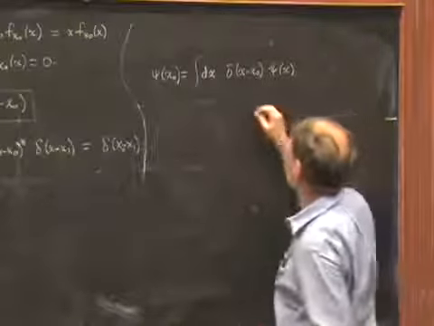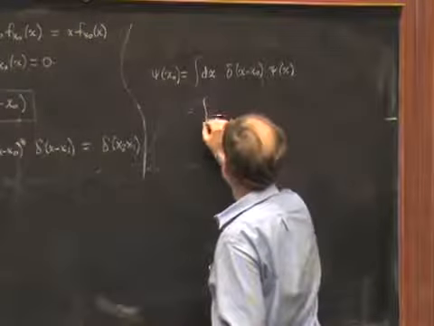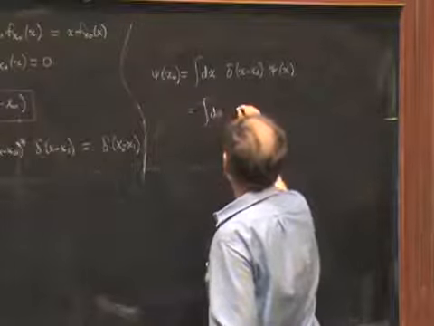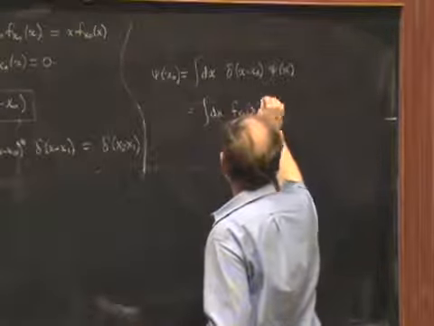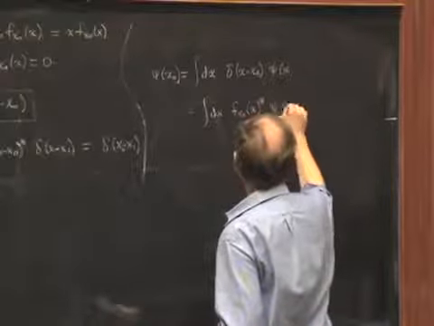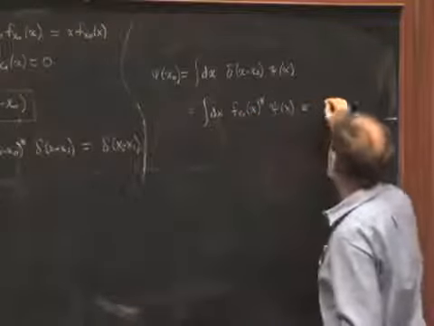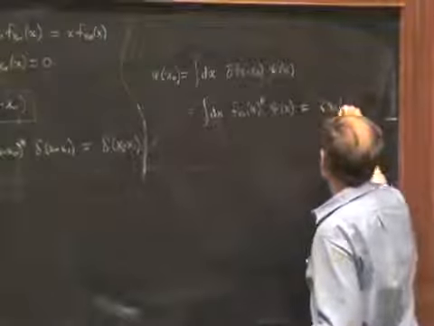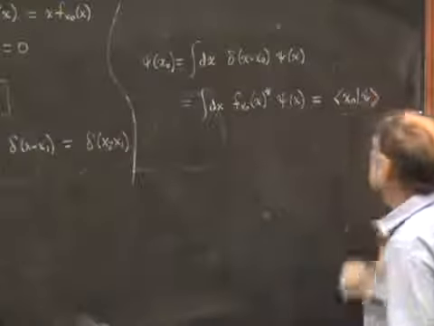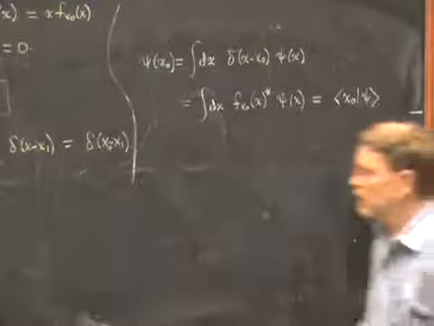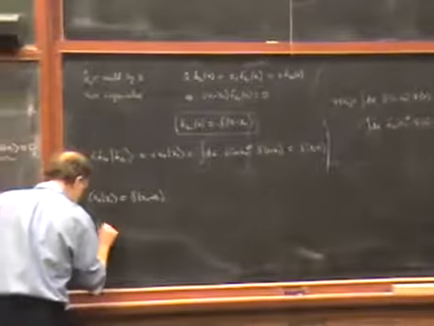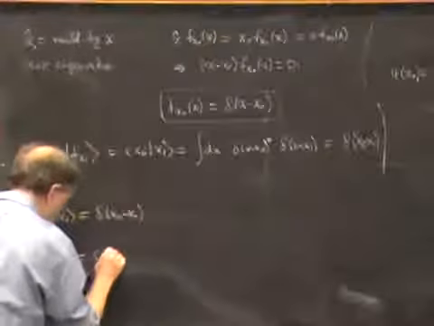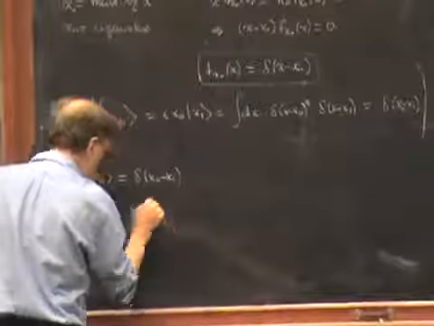But this can also be written as the integral over dx of f_x0 of x complex conjugated times psi of x, which is therefore the scalar product of x0 with psi. And so we find that the wave function psi of x0 is the scalar product ⟨x0|psi⟩.